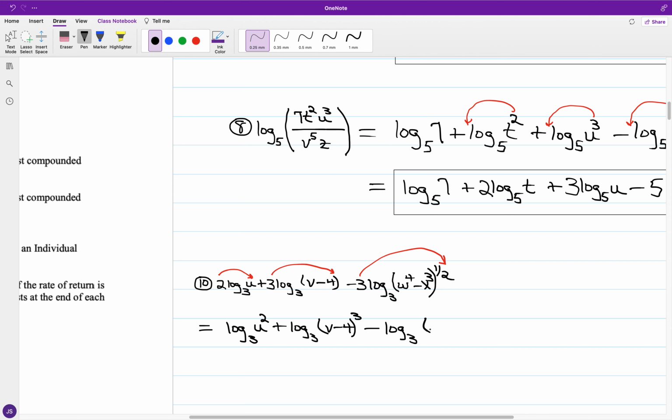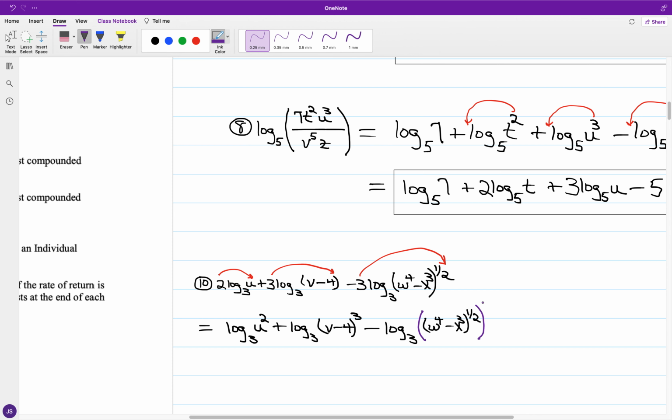Now we have a bit of a twofold situation, where you're going to be looking at the power property of exponents. You have w to the 4th minus x cubed to the 1/2, where we had the original formation from the square root.